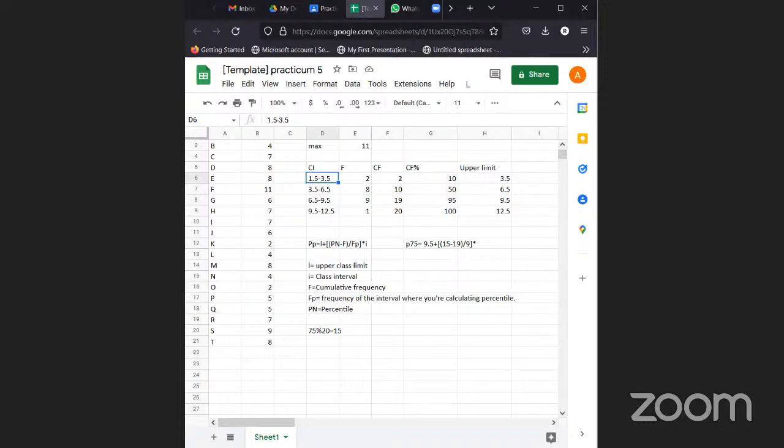Does that make sense to you? Shrishti? Yes. So 2. So this is what we will have to calculate. Can you quickly calculate this and let me know what the answer is?